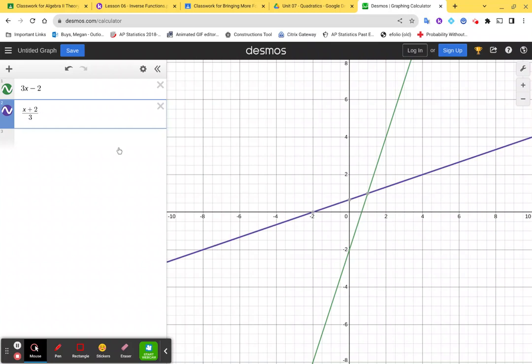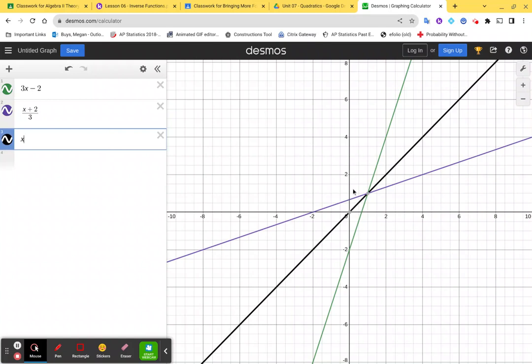Now you might see something that we saw in the previous one too. Basically, everything here is a reflection over the line y equals x.